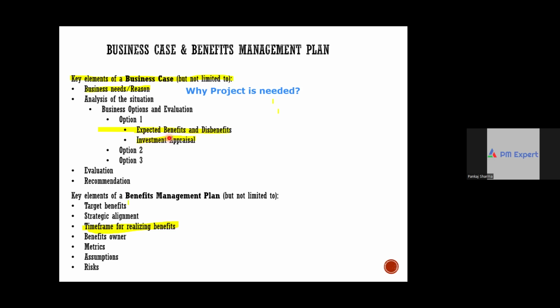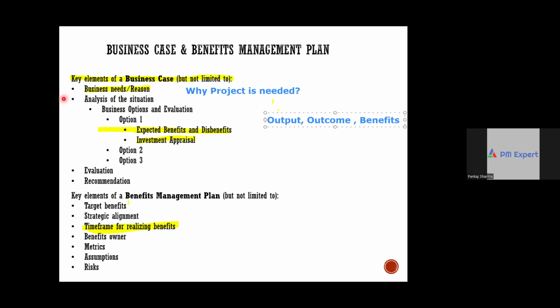Now, what are expected benefits and disbenefits? Do we expect benefits from the project? Yes. Now, let's understand the difference between output, outcome, and benefits.